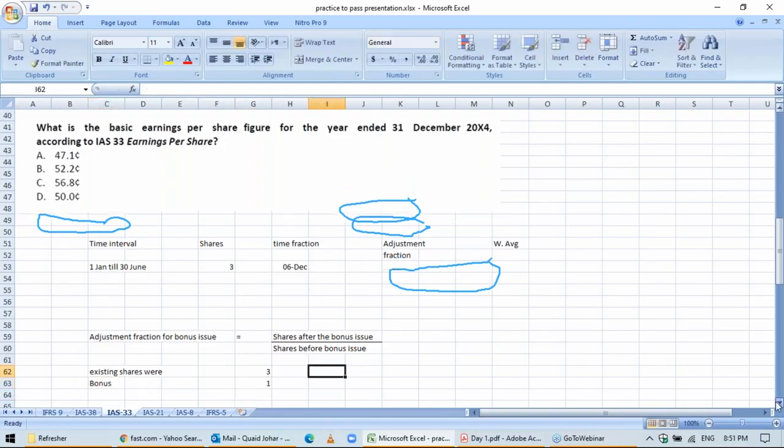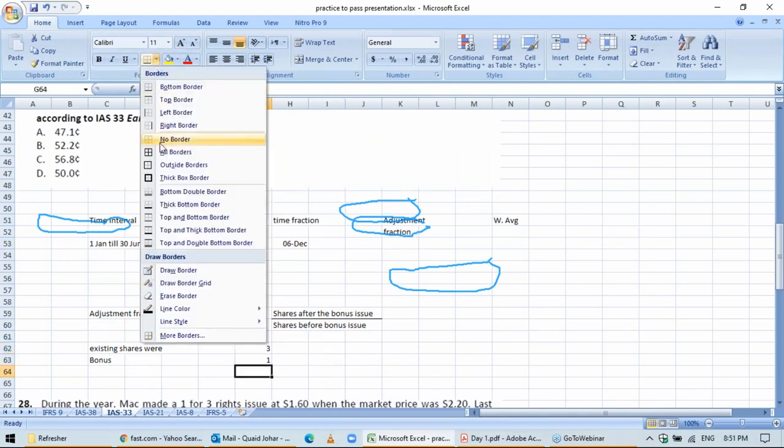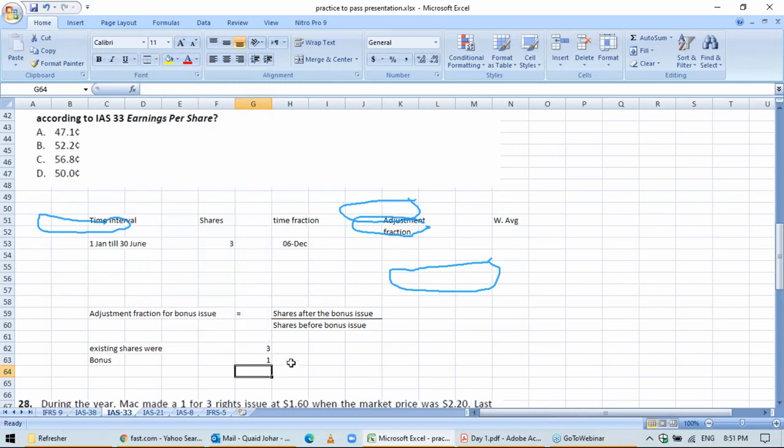Due to addition of this bonus share, the investor having 3 shares was now having 4 shares. So the bonus fraction is equal to 4 divided by 3. This is the bonus fraction.